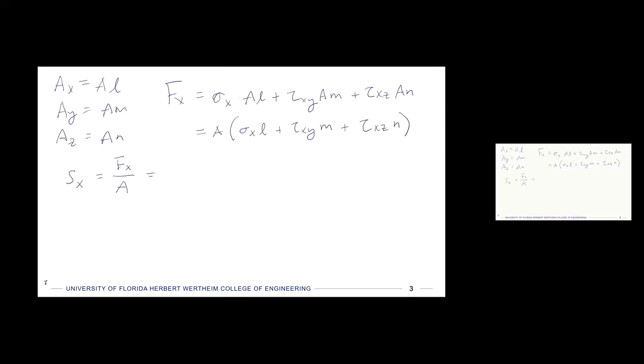So now we are left with sigma x times L, basically the same expression as above, plus tau xy m plus tau xz n.